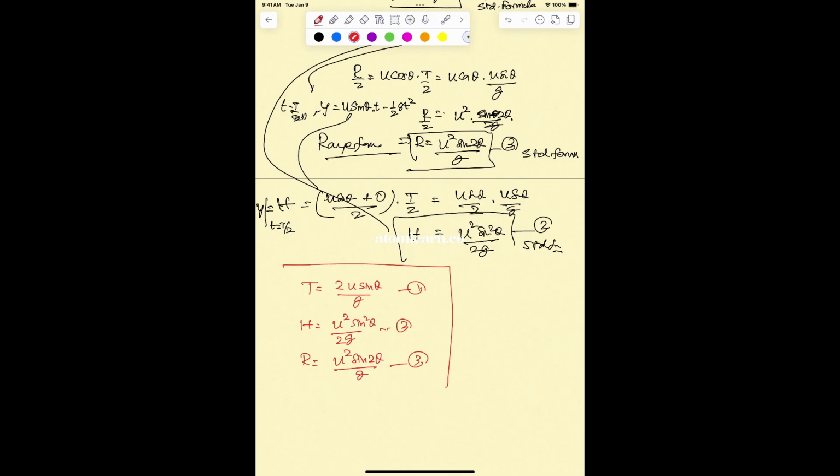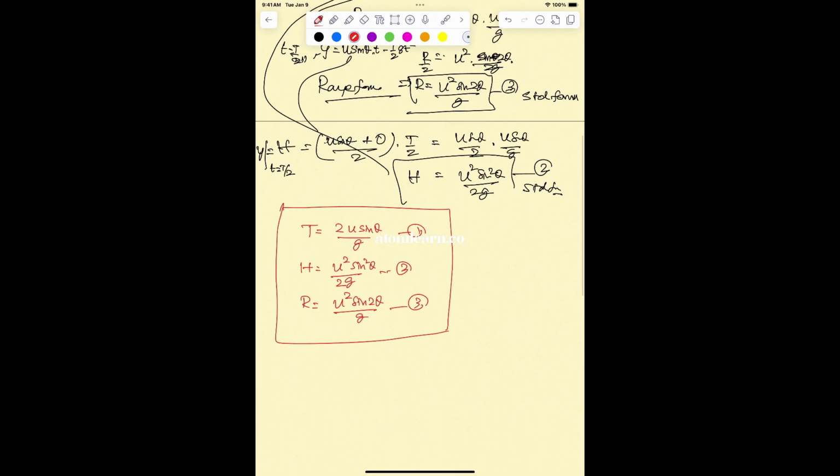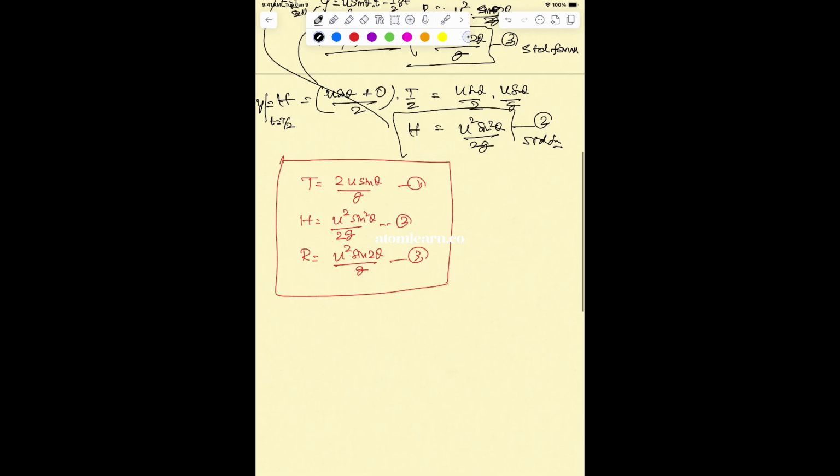Those are the standard formulas. And I'm going to give you now the fourth standard formula. Now, as the projectile is going up and coming down, let me write the x direction and y direction displacement. X is given by the uniform velocity u cos theta.